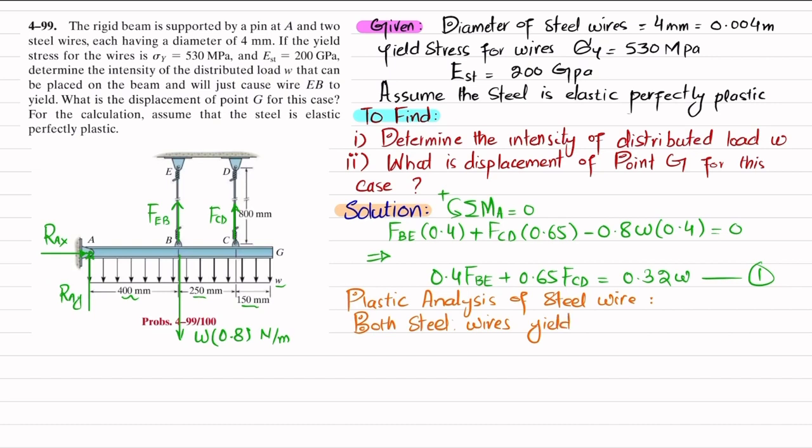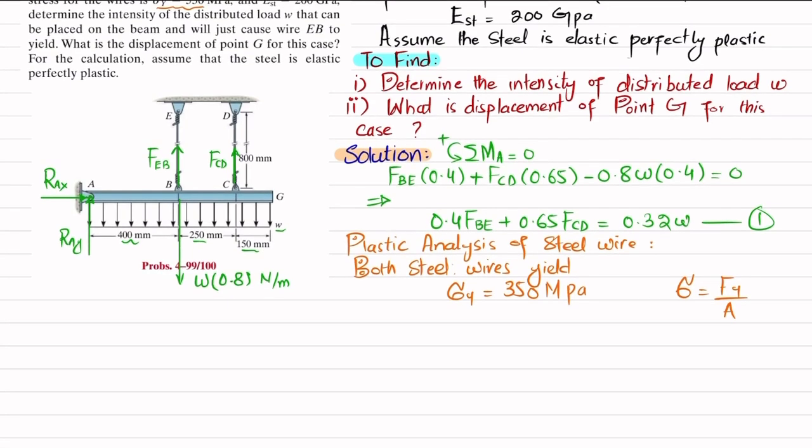For that we have been given the yield stress, 350 megapascal. So yield stress is equal to yield force divided by area. For BE and CD steel wire, the yield forces will be F of BE equal to F of CD, because both have the same diameter, and we will use the formula sigma y into its area.